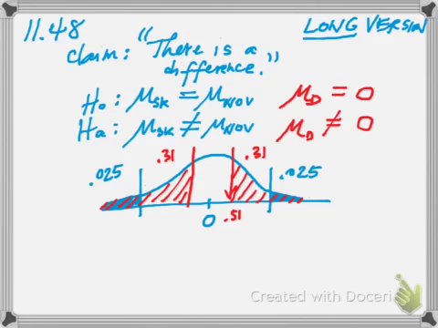And this red zone is the probability that we would get from our samples that value or further away from 0. This is where we're speaking in terms of absolute value: 0.51 or further to the right from 0, or negative 0.51 and further to the left from 0.